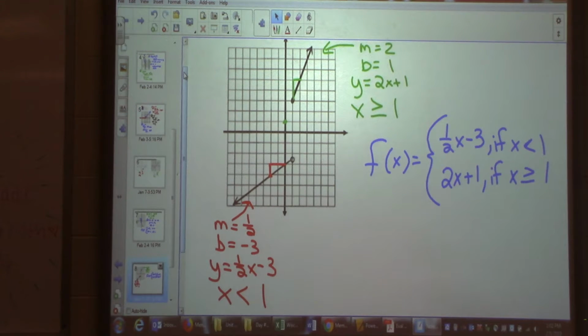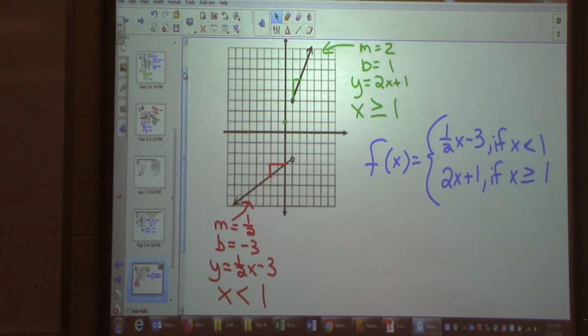Down this one. Good? Where's slope here?